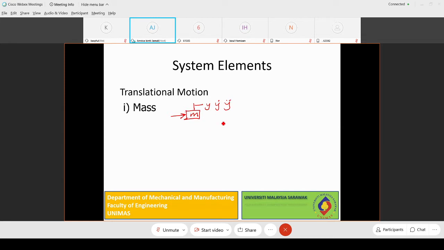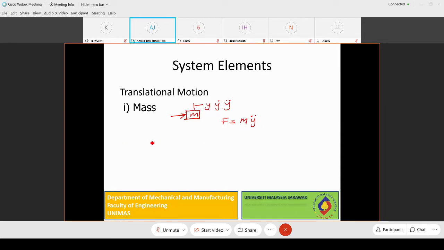So the force from this mass we can get by F equal to m y double dot, or ma, mass times acceleration. Or m x double dot also. Since this one uses y, it is m y double dot.